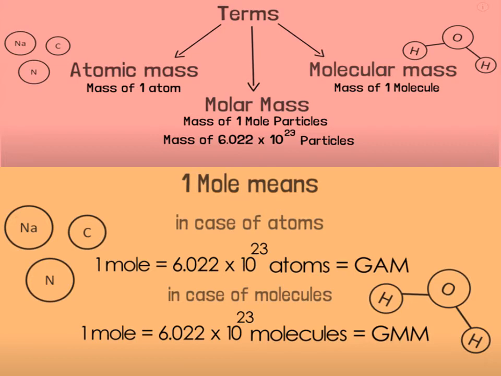In the case of atoms, 1 mole is equal to 6.022 into 10 to the power 23 atoms, that means gram atomic mass. Similarly, for molecules we have the same number, 6.022 into 10 to the power 23 molecules. So 1 mole is the same for an atom as well as for molecules.